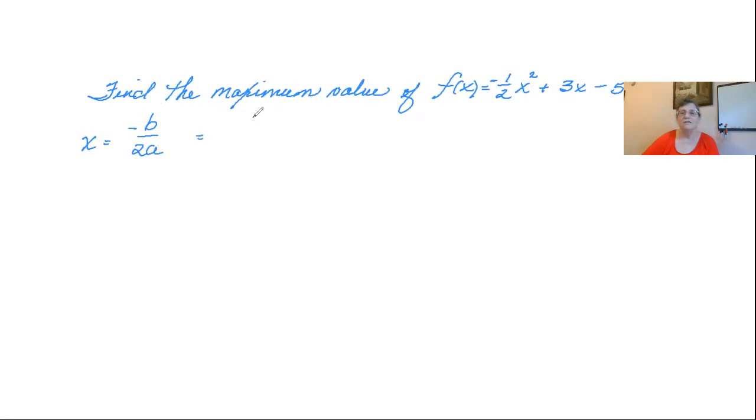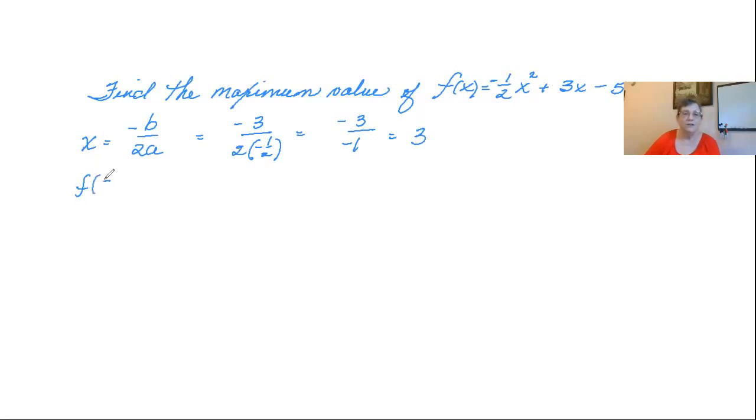So in this case, that would be negative 3 over 2 times a negative 1/2. So we've got negative 3 over 2 times 1/2 is 1. So this is a negative 1. So it's positive 3. So don't panic if you see a fraction.